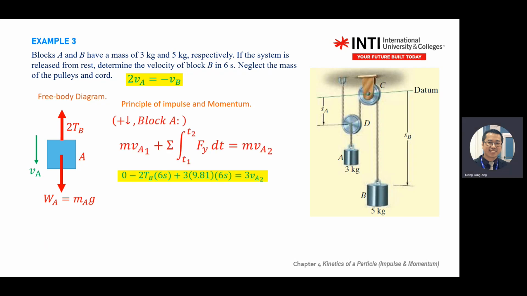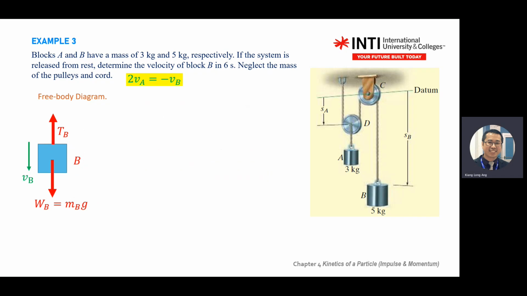So you write for block A: mvA1 plus the integral of F dt, which is your impulse, equal to momentum. mvA1 is 0, from rest. For F dt, look at your free body diagram. How many forces do you have? Two forces, W and 2TB. So 2TB t plus W t equals 3 mVA, right? So 3VA. That is the first equation.